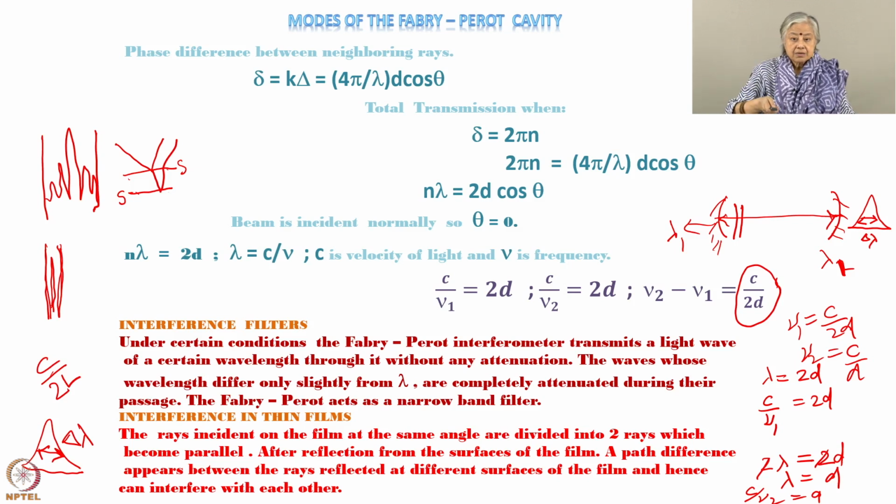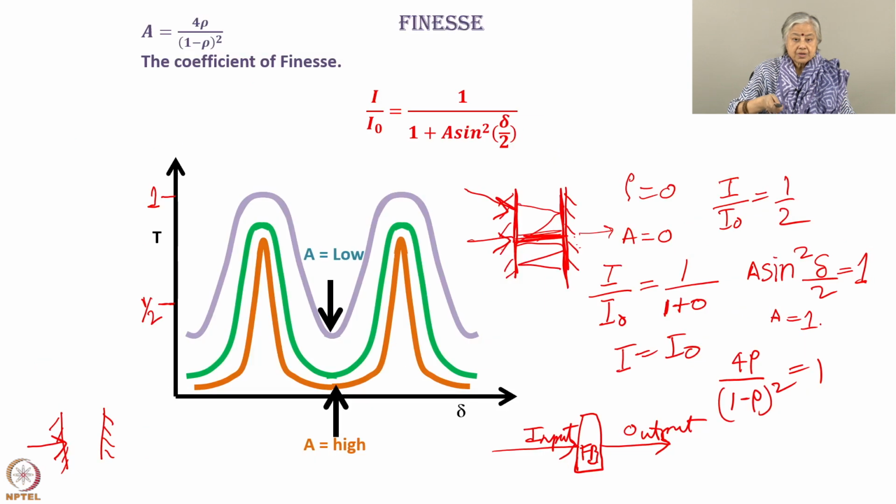So I think there should be a little bit more clarity. I would like to choose a Fabry Perot which has a good finesse. That means I would like to choose a Fabry Perot which has its surfaces polished very well, highly polished surfaces.